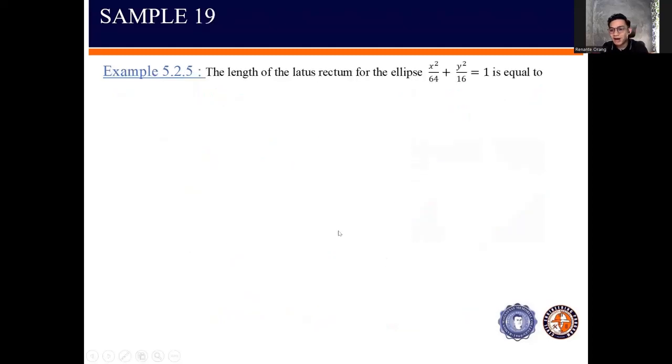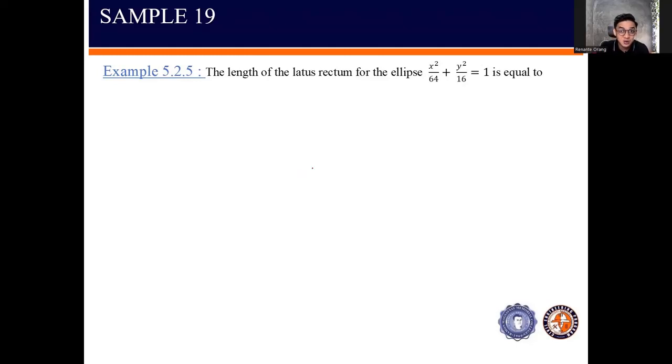Okay, so our next example and our last example for our ellipse is this one. The length of the latus rectum for our ellipse, which has an equation of x squared over 64 plus y squared over 16 is equivalent to 1. So, eto medyo advantage na sa atin for the reason that naka-standard equation na siya. So, all we need to do is to determine kung anong equation siya.